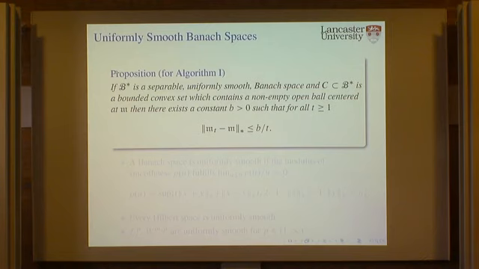I have my convex set as an element of my subset of my dual space. Assume this thing to be bounded, convex. And the main assumption here is I assume that it contains an open ball, which is centered around M. So I need in my set somewhere, say my set is here, I need an open ball around that set for these guarantees to work.